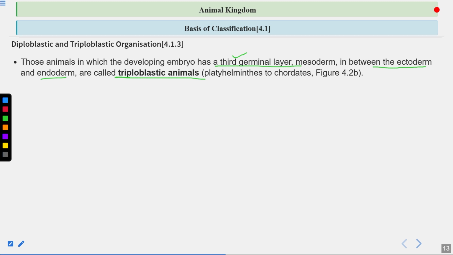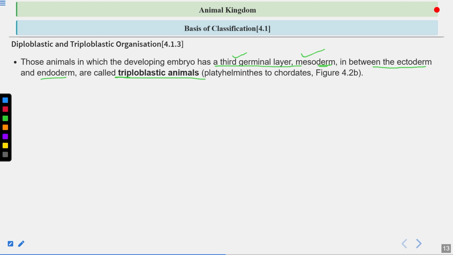The embryo cells arrange themselves into three germ layers: the ectoderm, the outer one; the endoderm, the inner one; and in between is a middle layer called the mesoderm. In diploblastic animals we have mesoglea, which is not a cellular layer, but the mesoderm is a cellular layer.